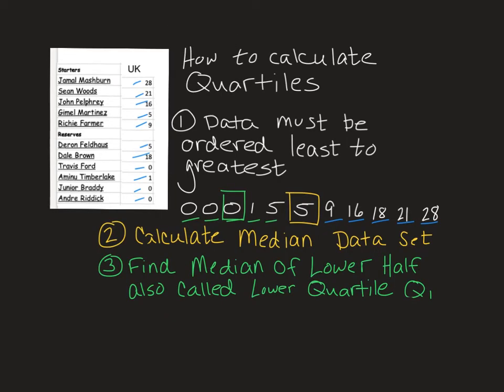So now for my next step, I calculated the lower quartile or the Q1 already. Guess what? There's also an upper quartile. So that is going to be my next step. I'm going to find the median of the upper half.